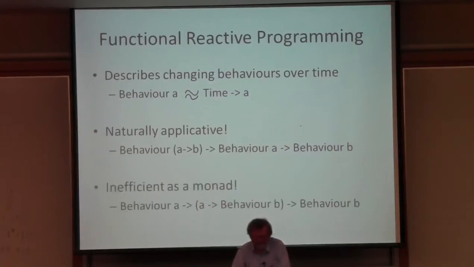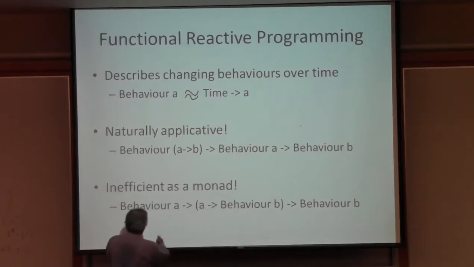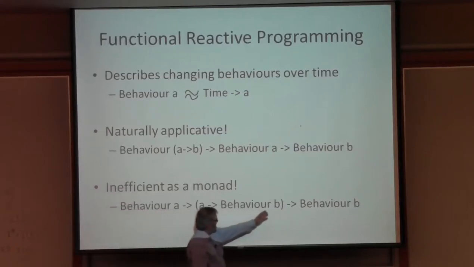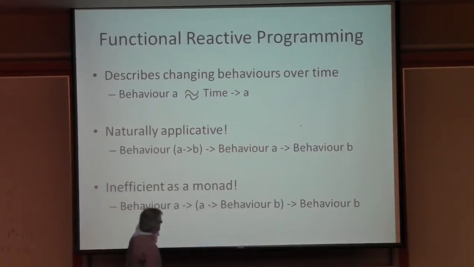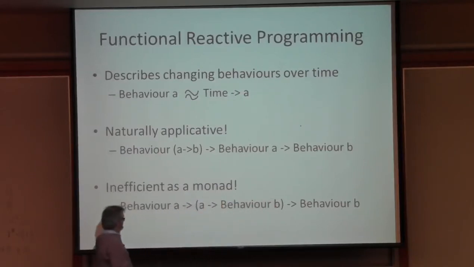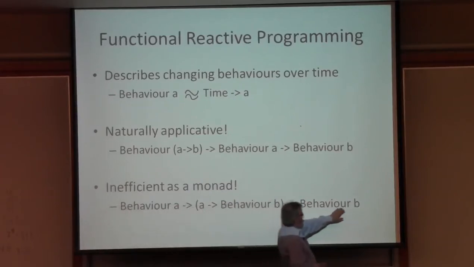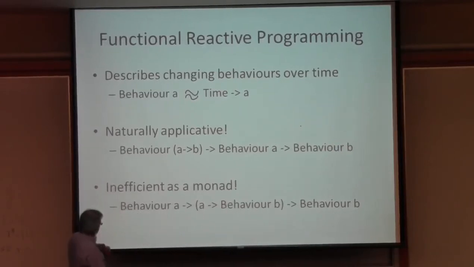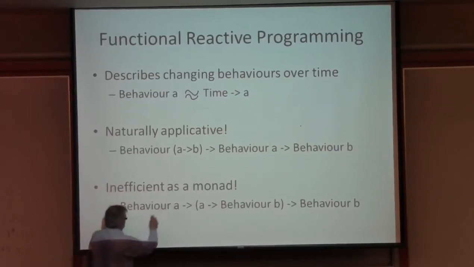But a monadic interface will be much more awkward and much less efficient, because you would have a behavior A at each time, but then you'd have to apply this function at each time. So you'd have to construct one behavior of type B for every time. And so if you want to know, for example, what is the final behavior here, what's the value at time 1000, you'd have to say, OK, construct the value of A at time 1000.